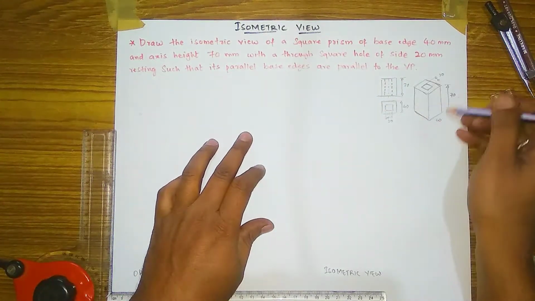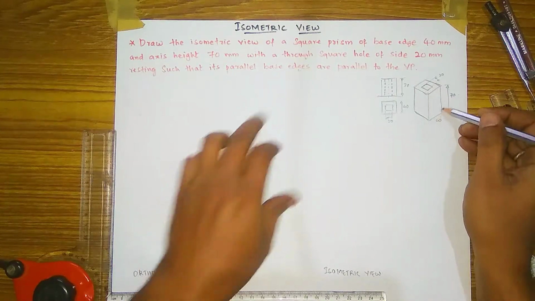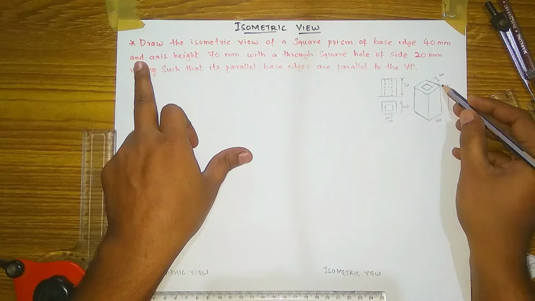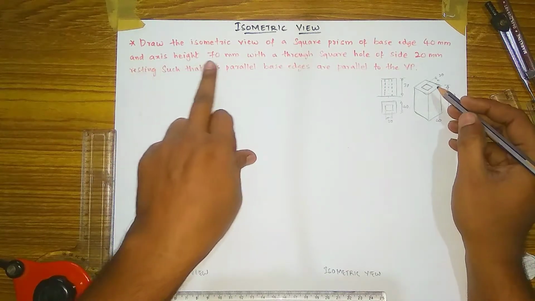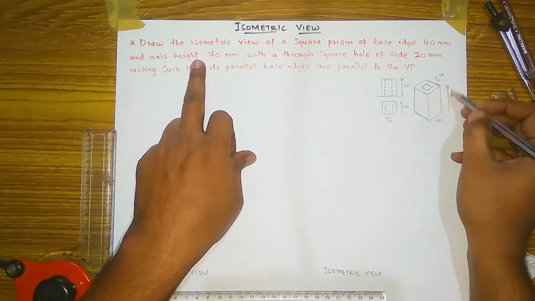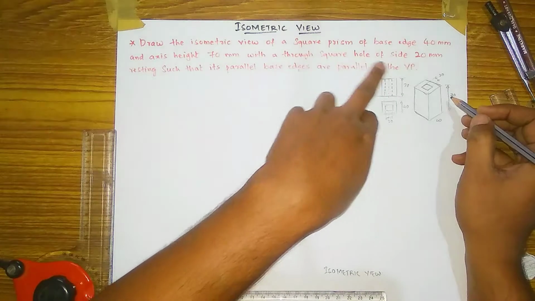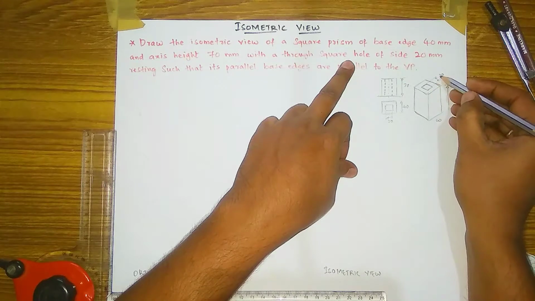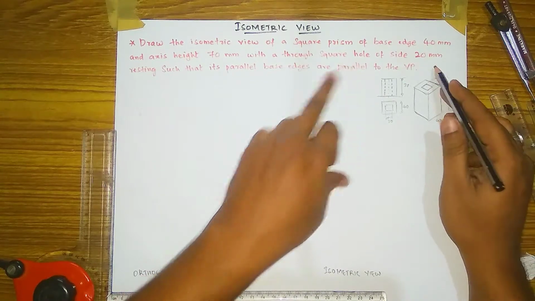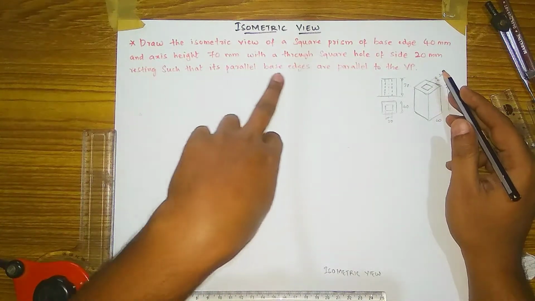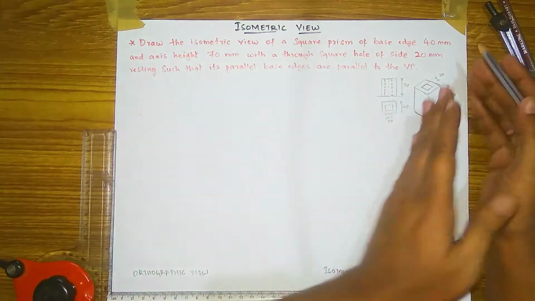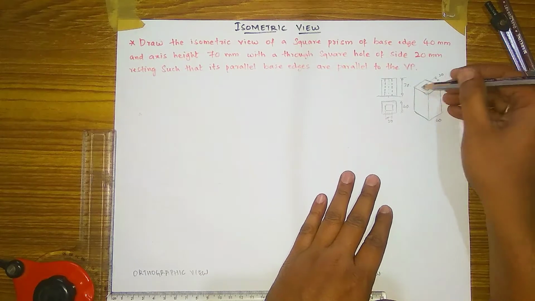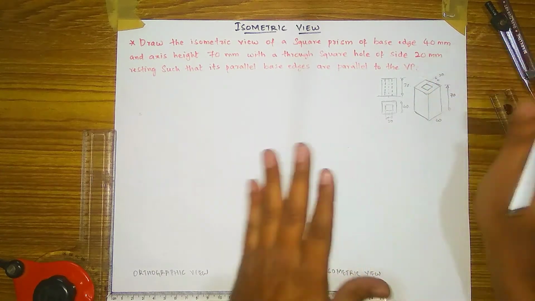So this is the square prism having a base edge of 40 mm, and axis side is 70 mm with a through square hole of 20 mm side, means you have a 20 mm by 20 mm square hole. Then resting such that its parallel base edges are parallel to the VP, means these edges or these edges should be parallel to the VP.